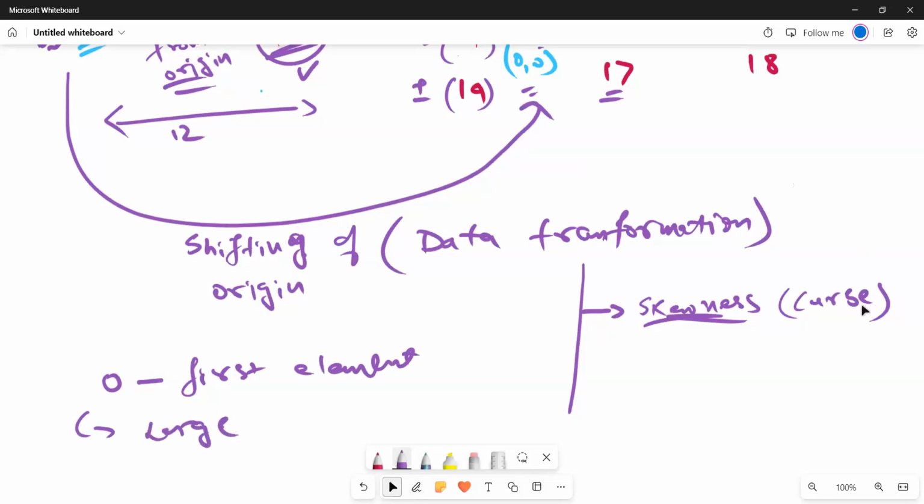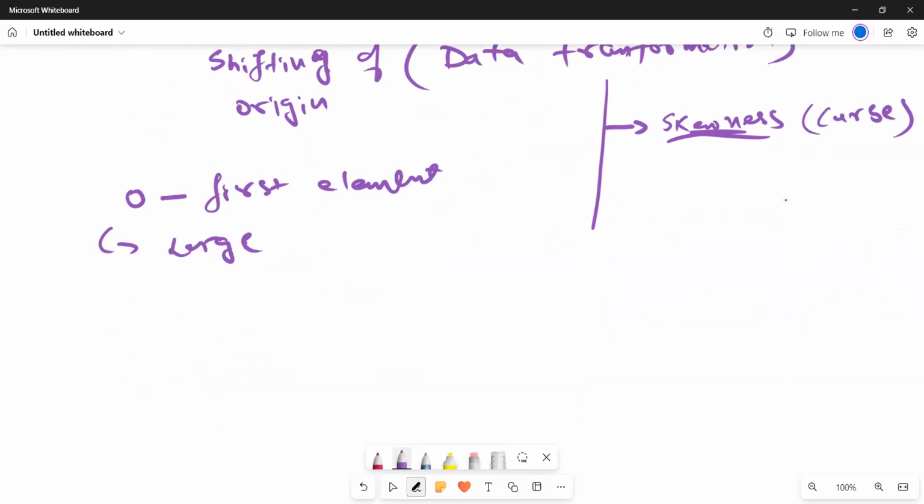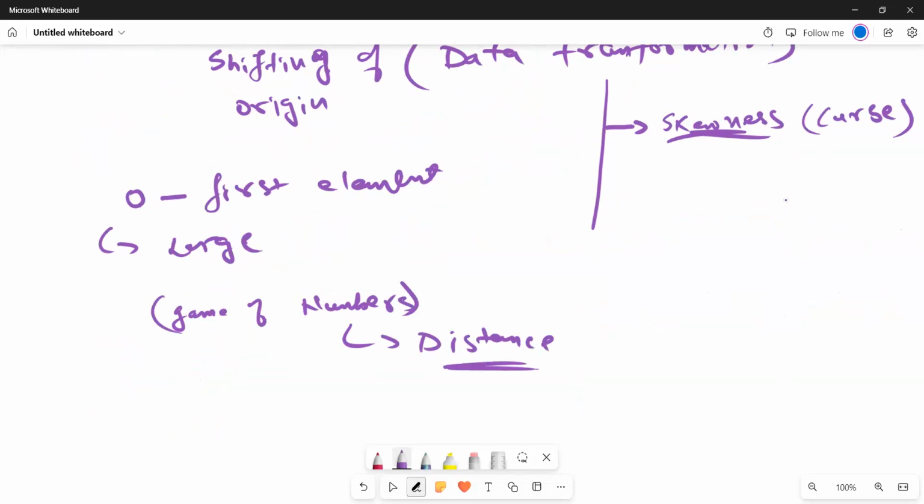And see, data science is purely a game of numbers, and these numbers basically represent distance. And when this distance is very large, the first element and the origin will create something called bias, right?